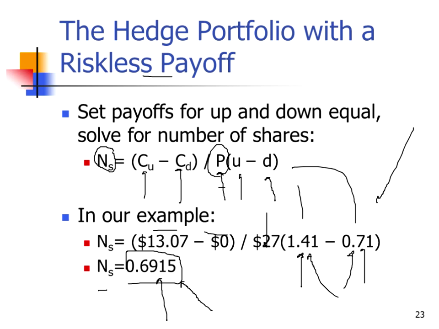So 0.6915 is a theoretical number. You are not going to be able to buy 0.6915 of a share. Nobody's going to give you three-quarters of a share. They'll probably give you one share at least, right? So what that means is you create a portfolio of 69 shares or 690 shares or 6,900 shares.